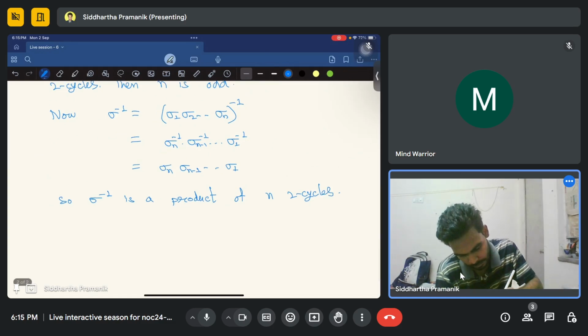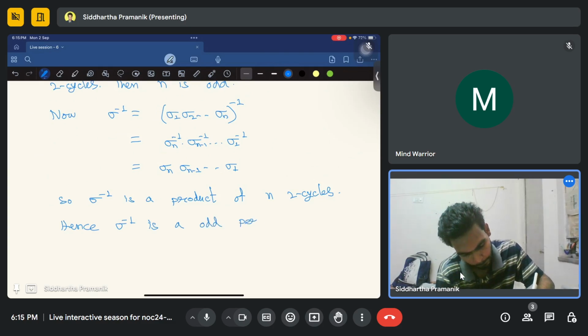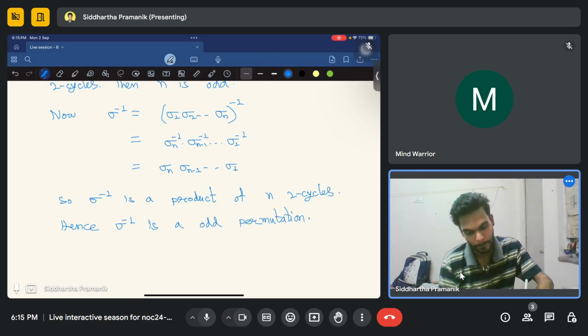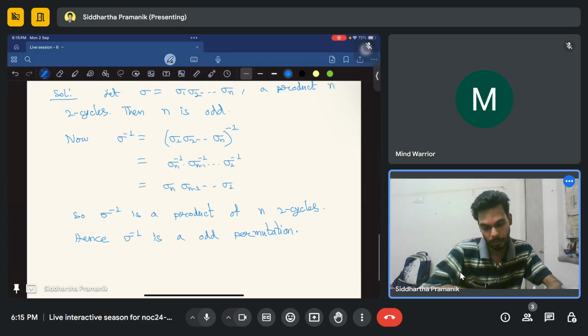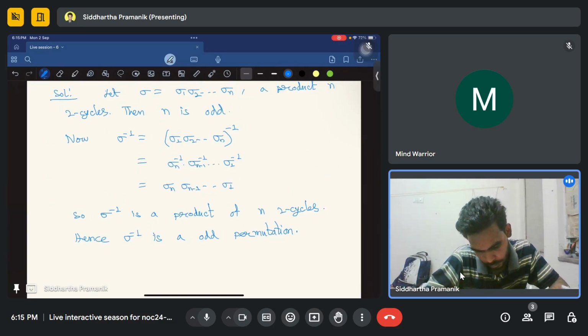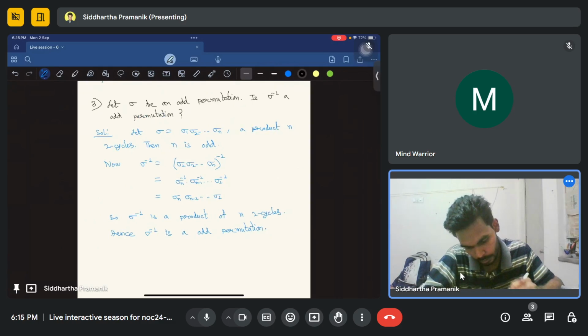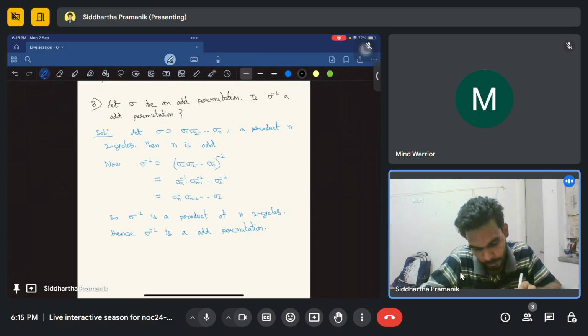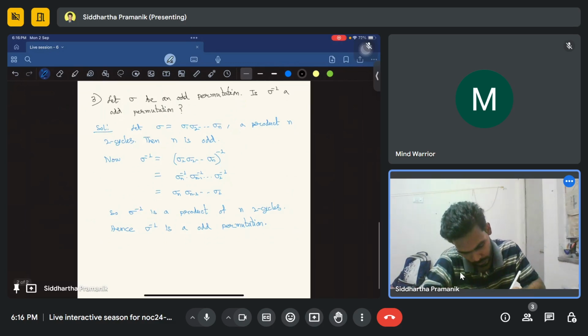So hence sigma inverse is an odd permutation. I hope this is okay. So what I am saying is this is if and only if. So sigma is odd if and only if sigma inverse is odd.